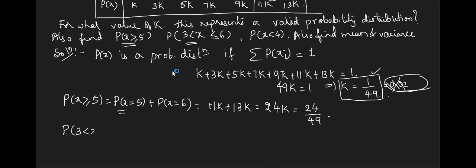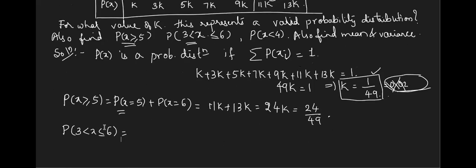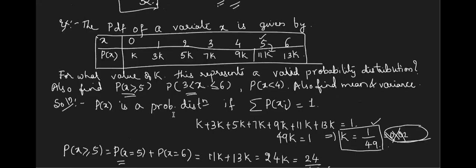Try with this. x less than or equal to 6, so x should be greater than 3. So in the table, the values of x greater than 3 means from 3 onwards or after 3? After 3, right? So they are 4, 5, 6. They have asked till 6 means all will come.